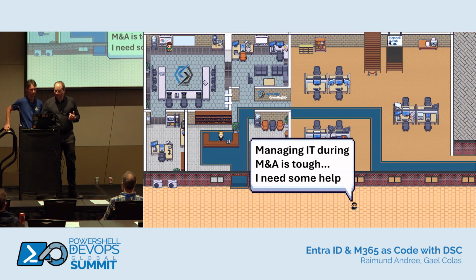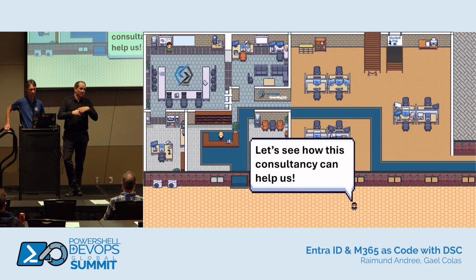And that's just one of the examples. Sometimes it's just because your company wants a new initiative, like let's do some Azure stuff, or let's move over there. So Bill is saying, okay, let's see how the consultancy can help us. And this company is us, but today it's you, because you will be doing some of the work.